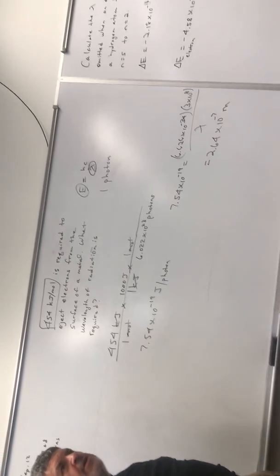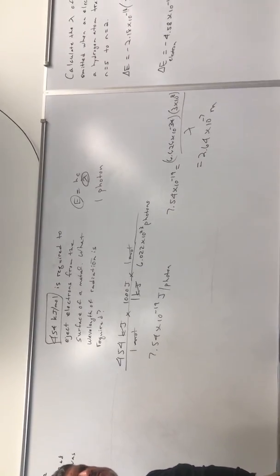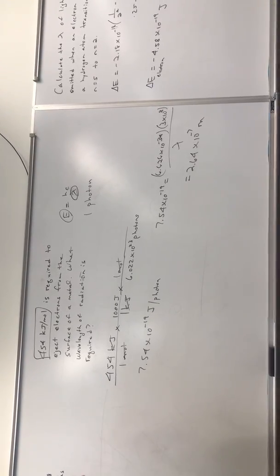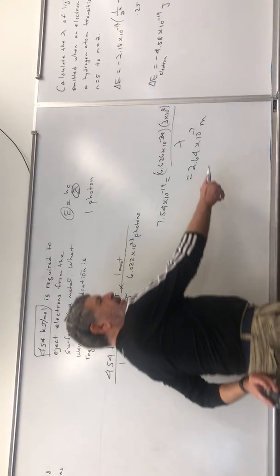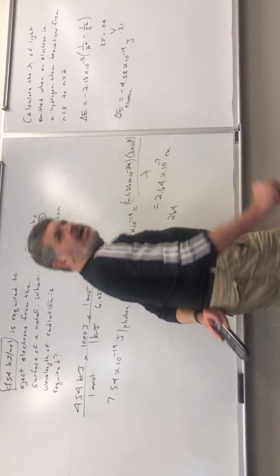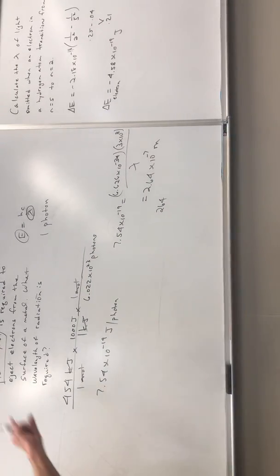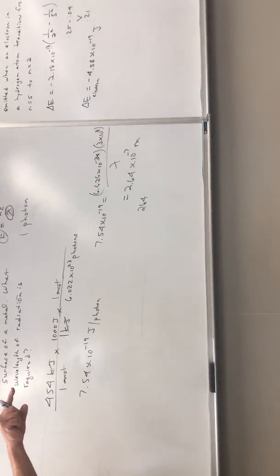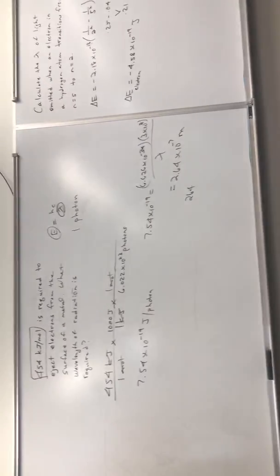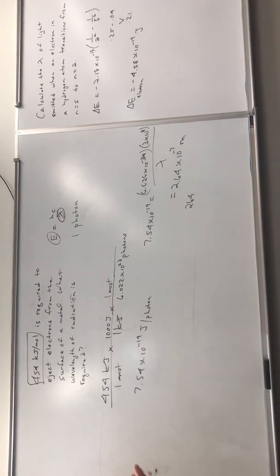So what color should I use to make that happen? How many nanometers is this? 264. Where is that? It's on the right side of violet. It's ultraviolet. So the answer is no color. It was a trick question.